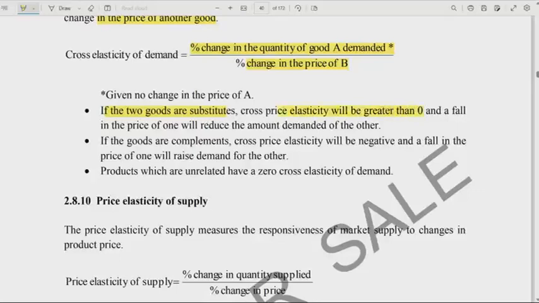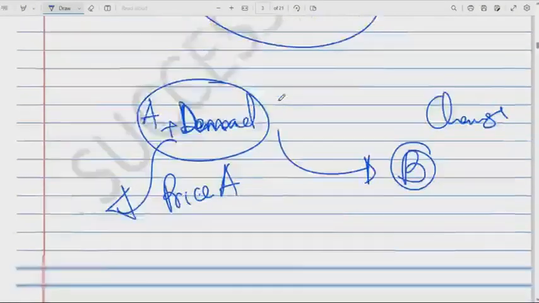That means the answer will be greater than 0. A fall in the price of one will reduce the demand of the other. Because mtengo wa chinthu chinacho chikangoti chatsika, right? Let's say kuna kuti panopa maize flour a bag is 50,000.